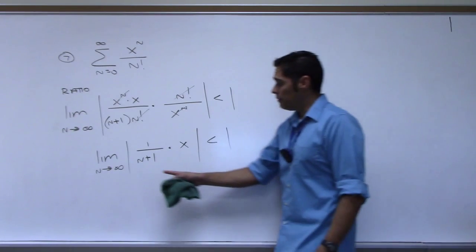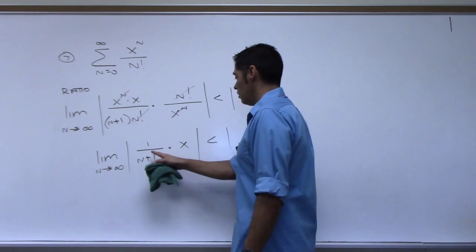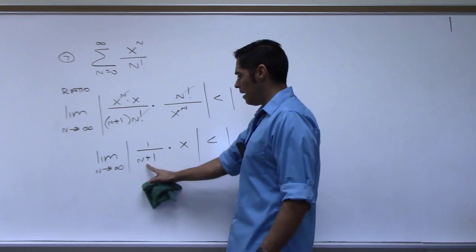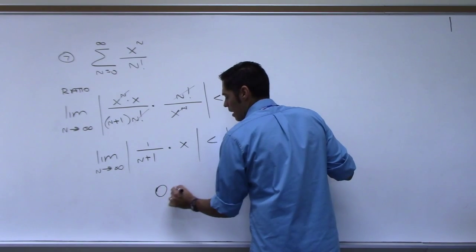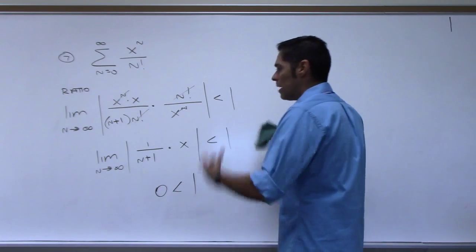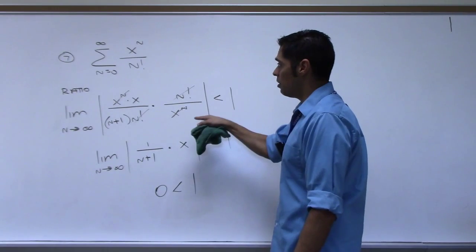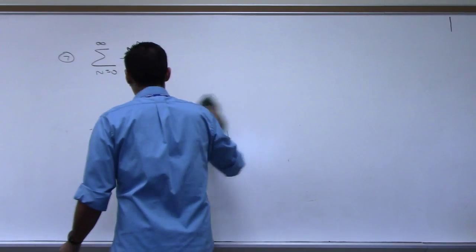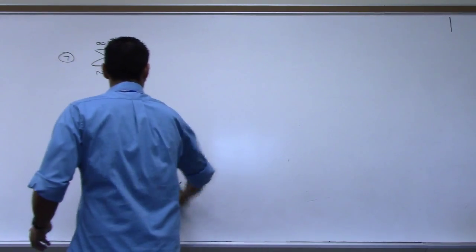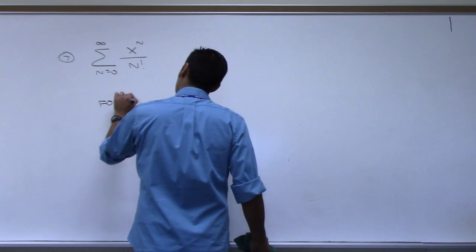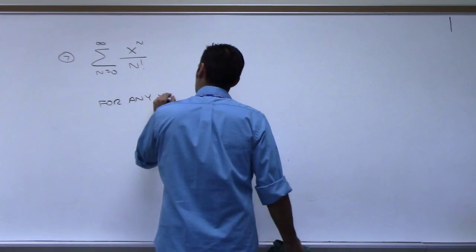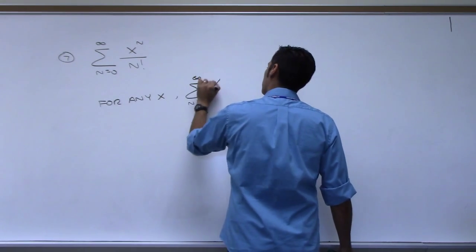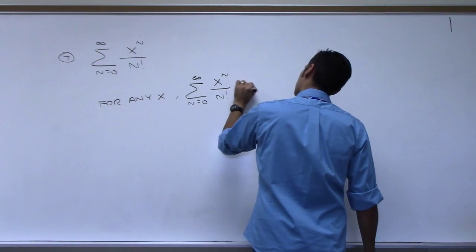I need that to be less than 1. So if I let n go to infinity now, this goes to 0. And then it doesn't matter what x is. Because no matter what x is, if I fix an x and I let n go to infinity here, this left side is going to be 0. And that's always going to be less than 1. So regardless of x, this is going to converge. That means for any x, the series converges.